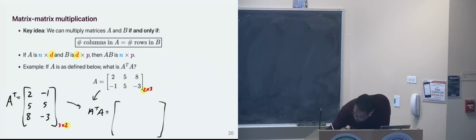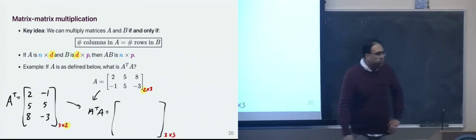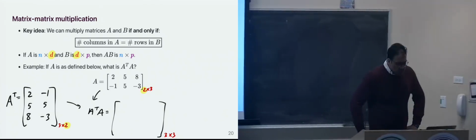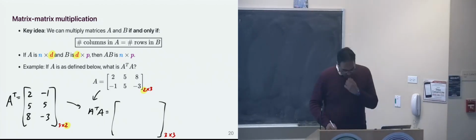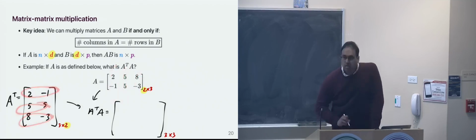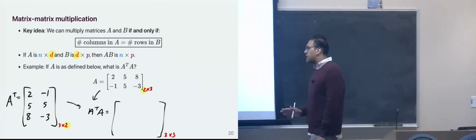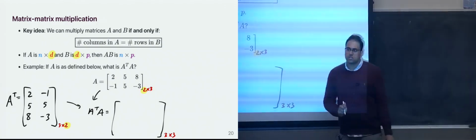Yeah, it's going to be 3 rows and 3 columns. How do we find those 3 rows and 3 columns? Well, we find them by taking the dot products of A's columns, I should say, with the rows of A transpose. So you can think of A transpose A as being a matrix of dot products.